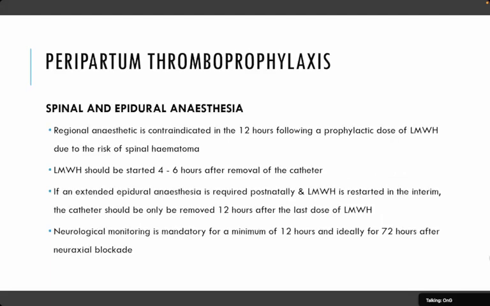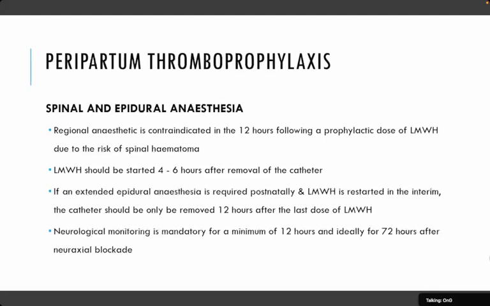And in terms of regional or spinal and epidural anesthesia, this is recommended only 12 hours following a prophylactic dose of low molecular weight heparin, due to the risk of a spinal hematoma. And these agents should be started 4 to 6 hours after removal of the epidural catheters if used.